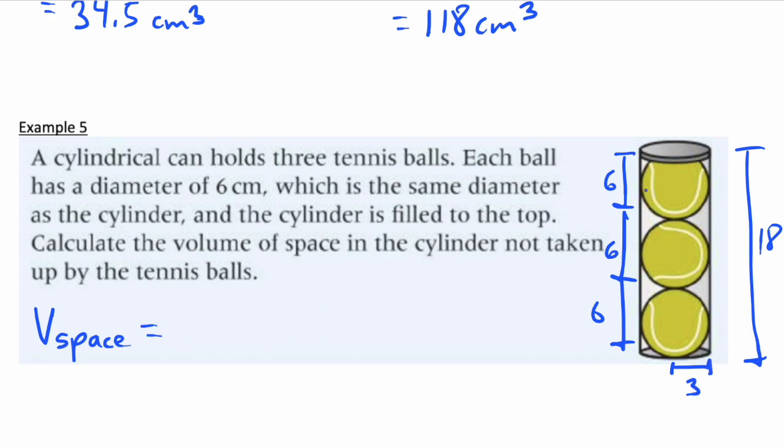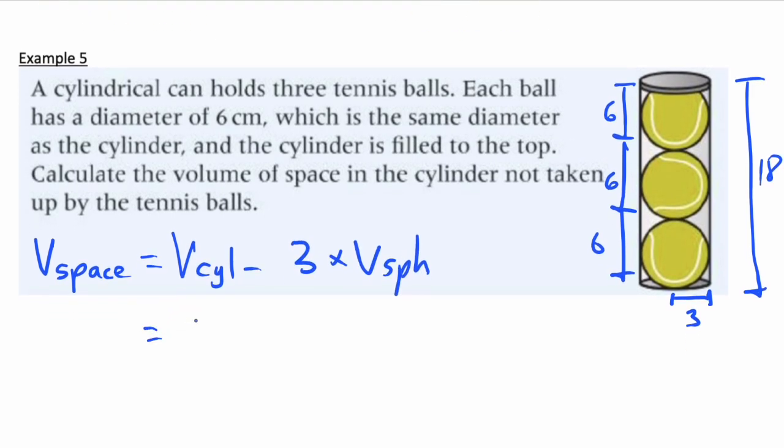The volume of the space is just the volume of the cylinder minus 3 times the volume of one of the spherical balls, right? So the volume of the cylinder minus 3 times the volume of a sphere. The volume of the cylinder is pi times the radius squared times the height.